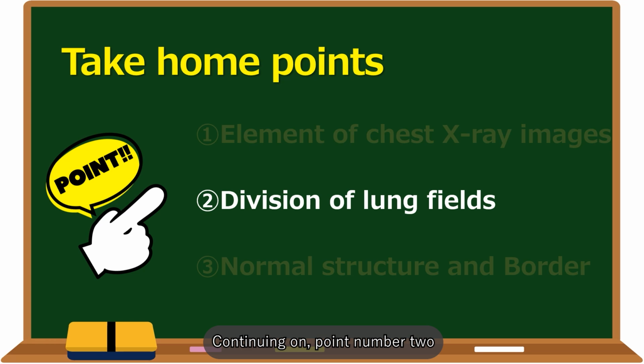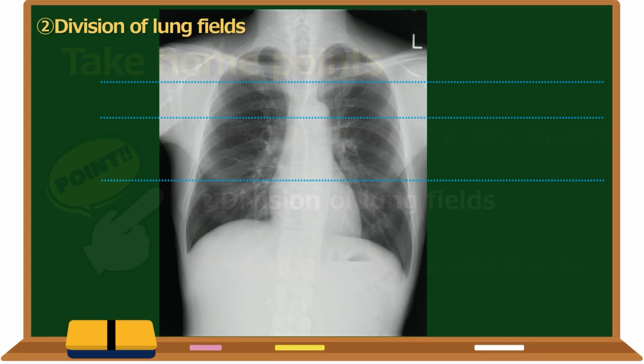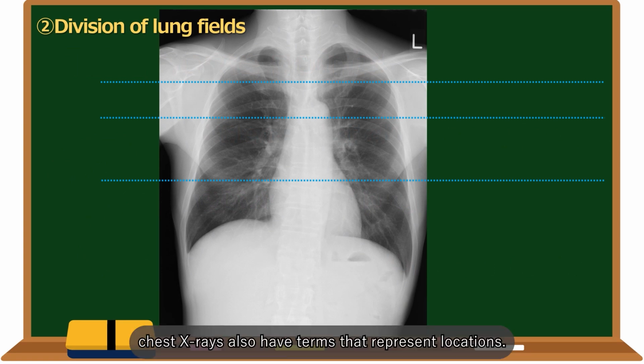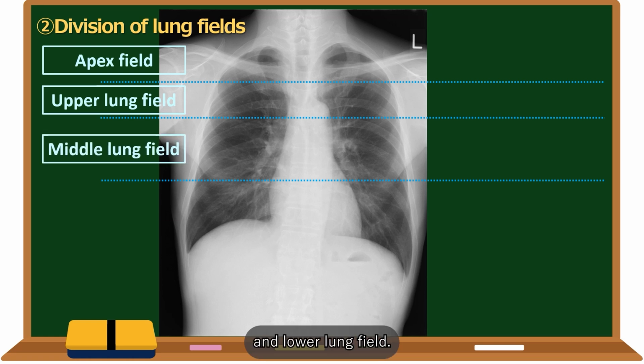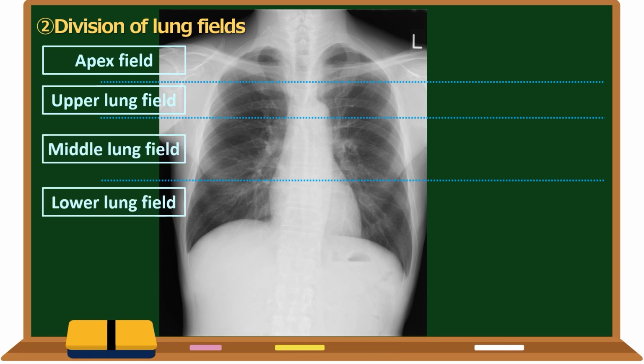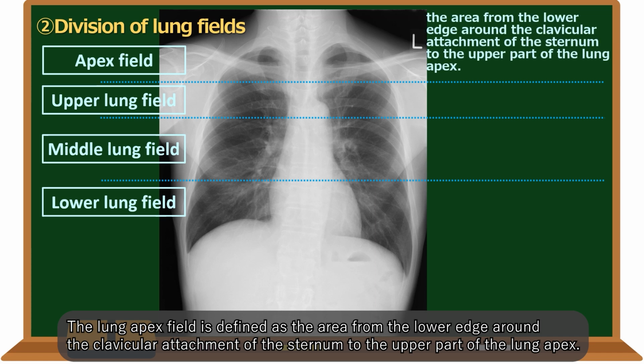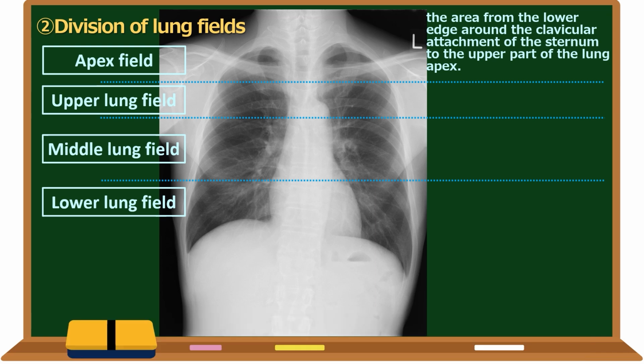Continuing on, point number 2, I will explain the divisions of lung fields. In addition to the 5 elements, chest X-rays also have terms that represent locations. They are the lung apex field, upper lung field, middle lung field, and lower lung field. The lung apex field is defined as the area from the lower edge around the clavicular attachment of the sternum to the upper part of the lung apex.